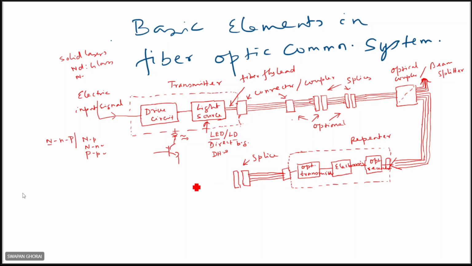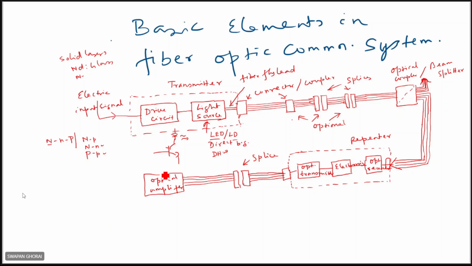But before the receiver, in fiber optic communication systems, one more component is used nowadays. That is the optical amplifier.